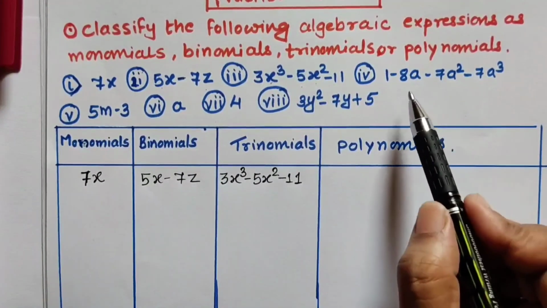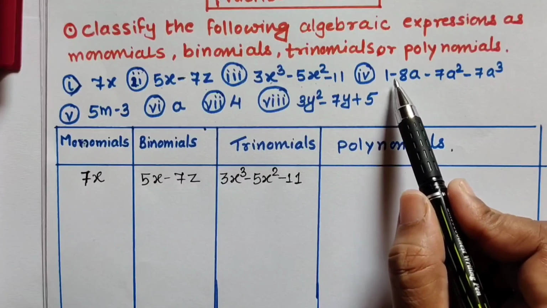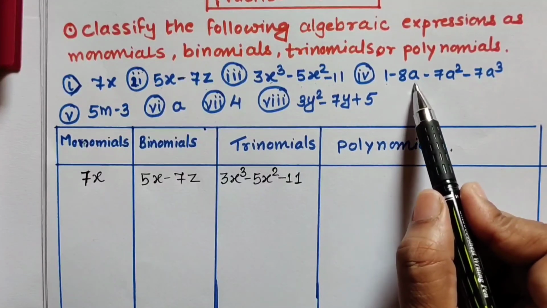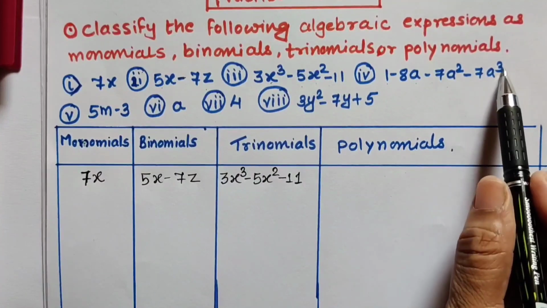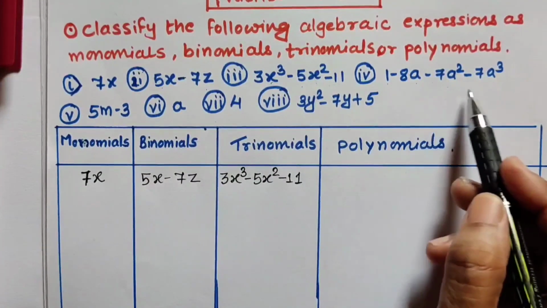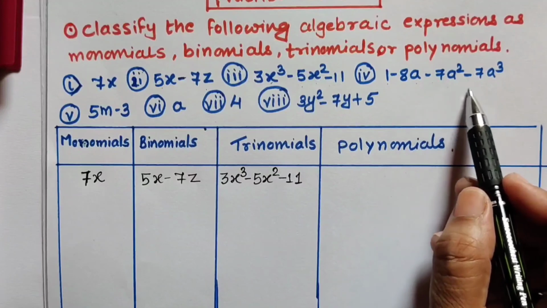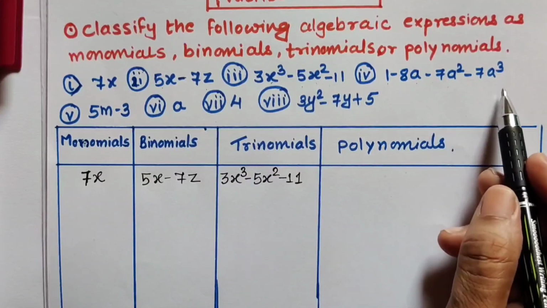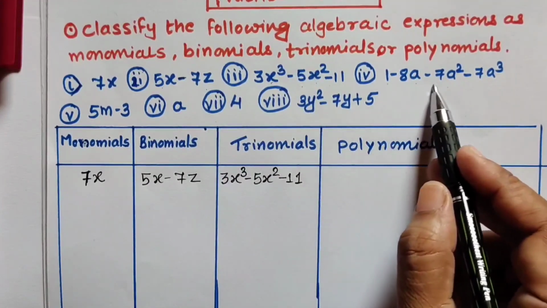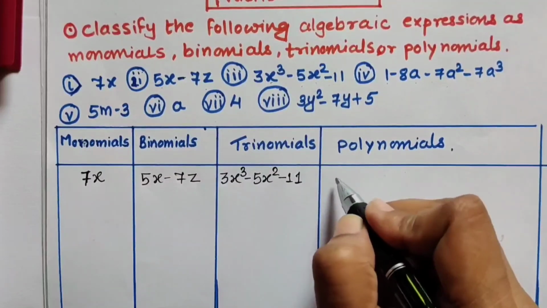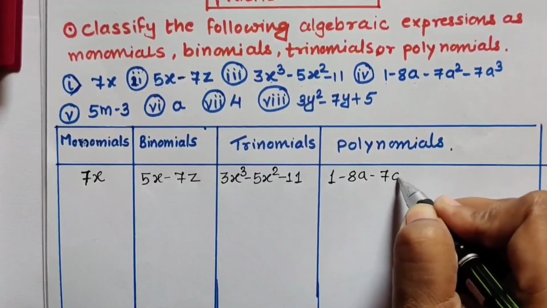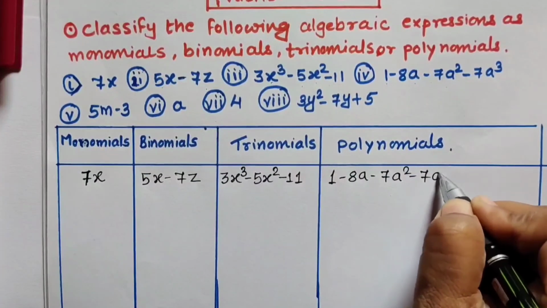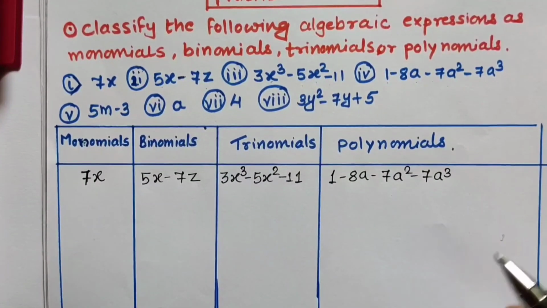Then we can see in the fourth sum, 1 is the first term, minus 8a is the second term, minus 7a square is the third term and minus 7a cube is the fourth term. 4 terms are there. When there are more than 3 terms, they are considered as a polynomial. So this fourth sum we have to write in the polynomial. 1 minus 8a minus 7a square minus 7a cube. So this is a polynomial.